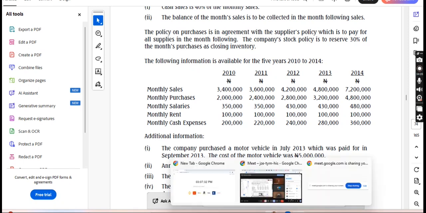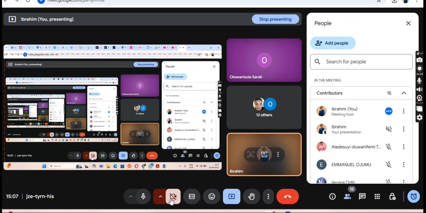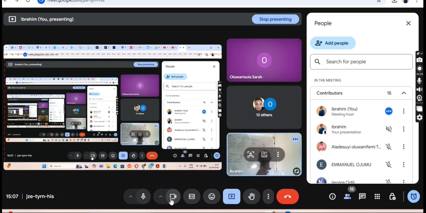Class, depreciation is charged on a yearly basis. You purchase an asset in July. At the end of the financial year, which is December, you account for the depreciation.